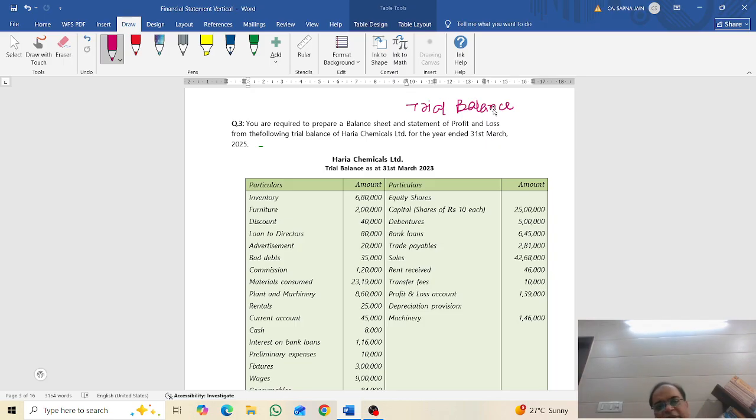So this is the fifth step. The first step is record transaction or pass journal entry. Second step, prepare ledger and cash book. Third step, calculate the closing balance of all ledgers and cash book. Fourth step is to write all the closing balances on one paper, we call it trial balance. And after the fourth step, the fifth step is prepare the profit and loss account and balance sheet. Now this question is related to preparing profit and loss account and balance sheet. So trial balance is given.